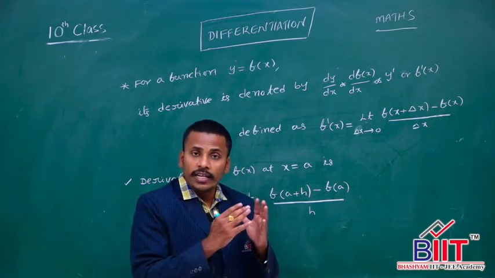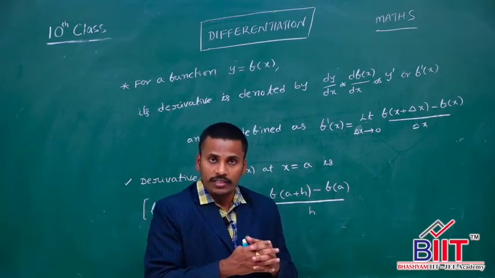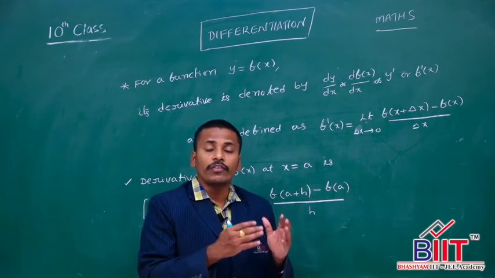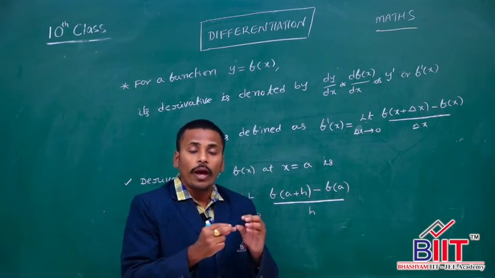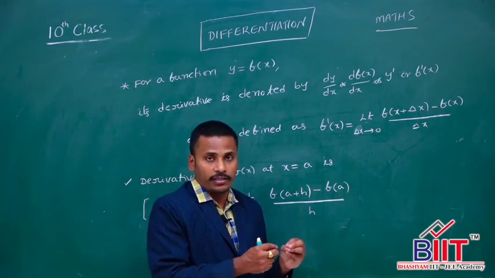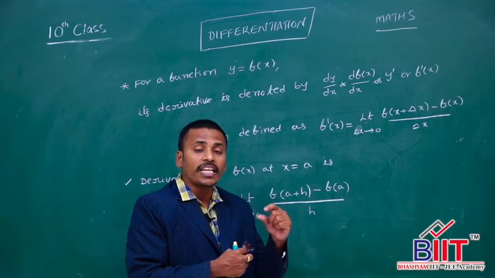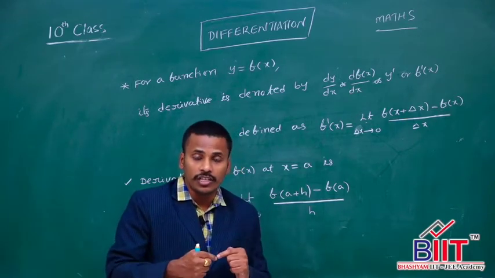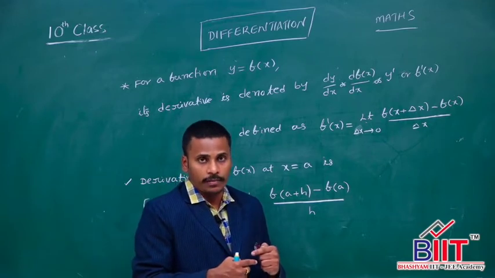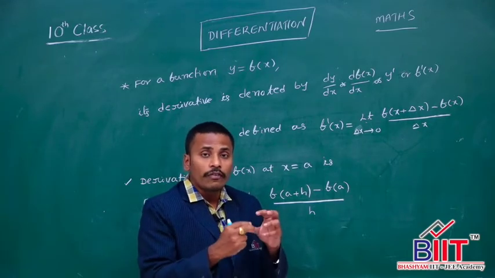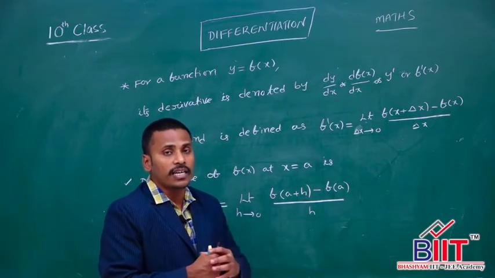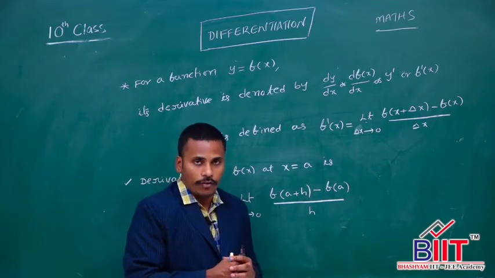Once again, the derivative of f of x is the rate of change in the functional values f of x with respect to x for very small change in x. In the sense, we need to compare the change in the functional values f of x with respect to the change in the inputs x, and that ratio we need to identify for very small change in x, and that is considered as the derivative of f of x.